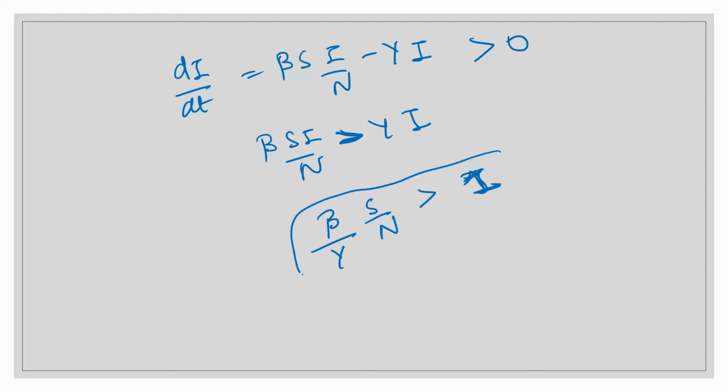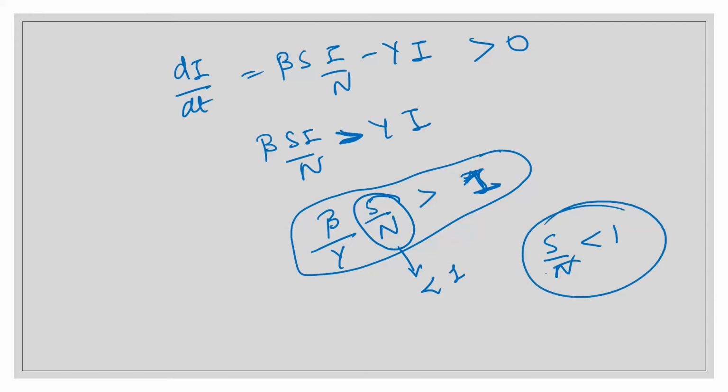Now you can easily see that this quantity S by N is less than 1, as N is the total population and S is the number of susceptibles, so it is always less than 1. So how can this be greater than 1? Only if beta by gamma is greater than 1.